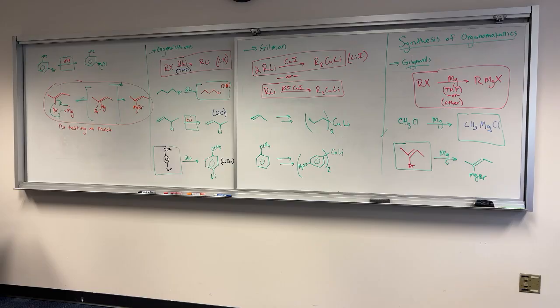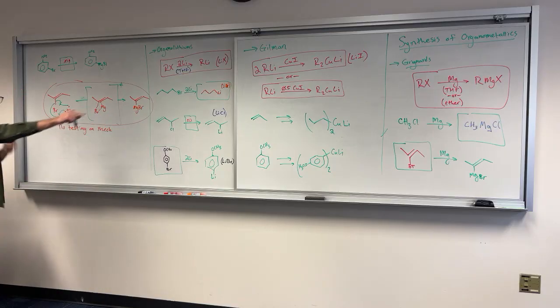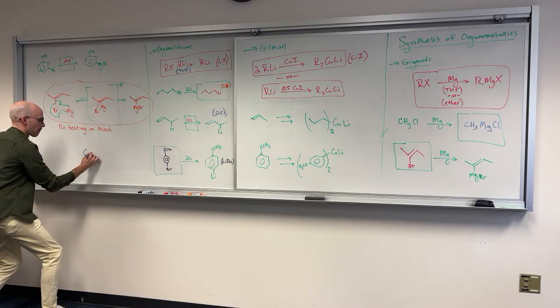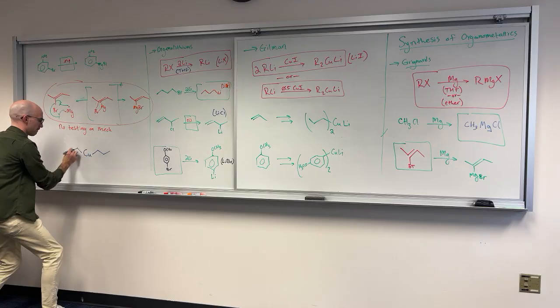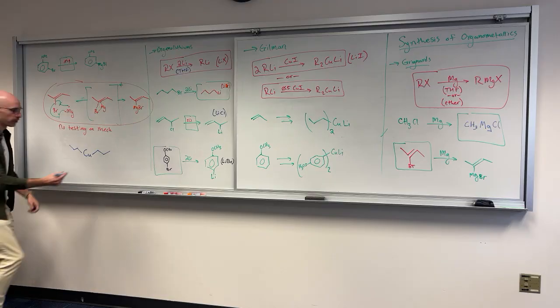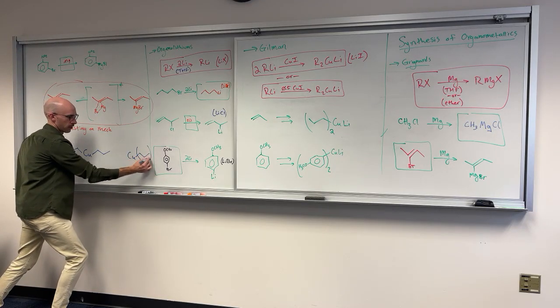No, I'll elaborate again. This is a good question. So this notation of propyl bonded to copper, it's like two propyl groups bonded to copper. But now that takes up twice as much space. So instead I can say I've got 3 carbons bonded to copper, 3 carbons bonded to copper twice.